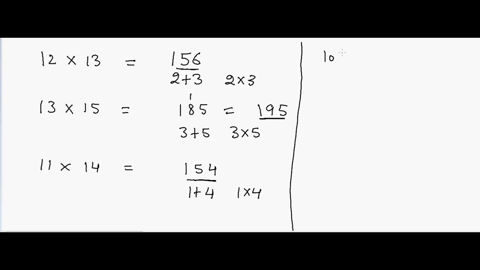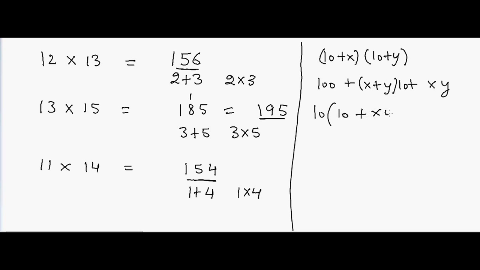So if we have 10 plus x and then 10 plus y, so we are taking 10 as a base and these numbers are close to 10. So in that case, if we solve this, it will be equal to 100 plus 10 into x plus y, and then we have xy.